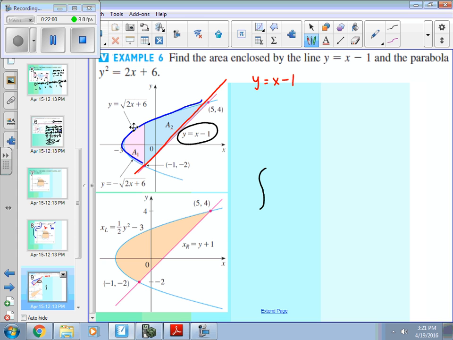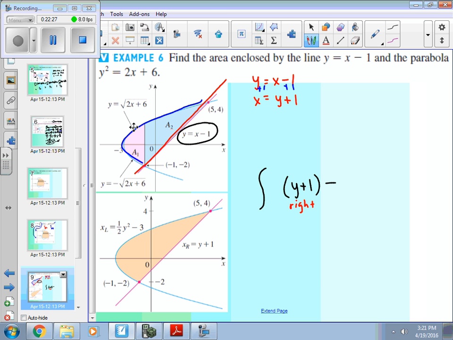To do that, add 1 to both sides and we get x equals y plus 1. Okay, so that's our function always to the right. So that one we're going to write first in our integral: y plus 1, minus, because this is our function to the right.